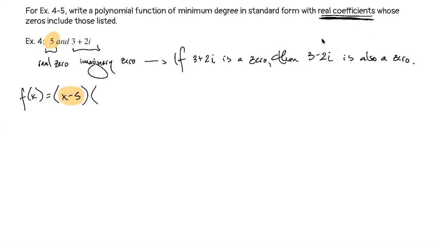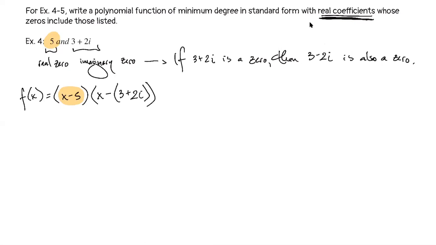Okay. Well, if 3 plus 2i is a 0, what is the factor that goes with 3 plus 2i? X minus whatever the 0 is.